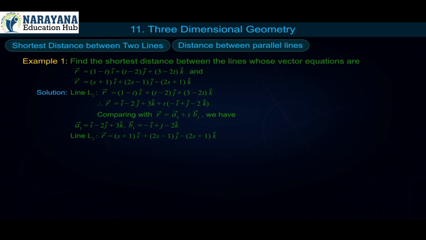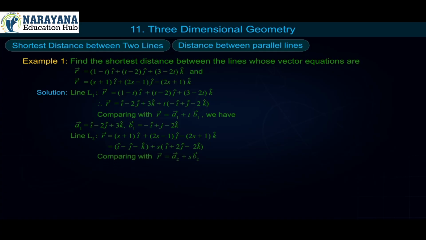Line L2, vector r is equal to (s plus 1) i cap plus (2s minus 1) j cap minus (2s plus 1) k cap, which is equal to i cap minus j cap minus k cap plus s into (i cap plus 2 j cap minus 2 k cap).